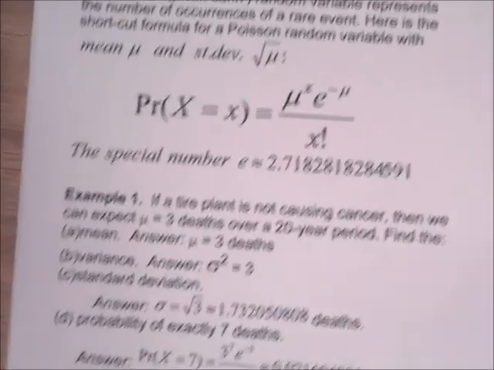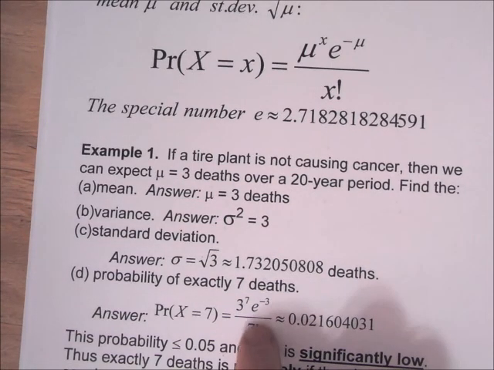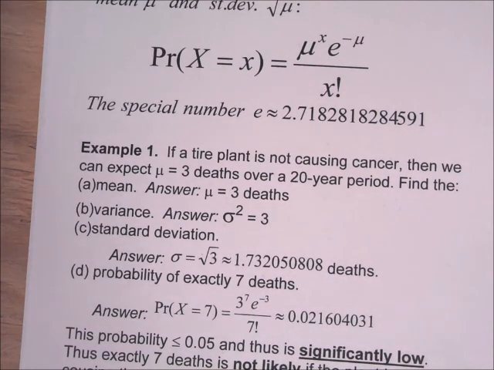So that's enough information to compute the probability of getting exactly 7 deaths. It's just plugging in the numbers. 3 to the 7, mu is 3, x is 7, e to the minus 3 over 7 factorial. And you can put that into a calculator.